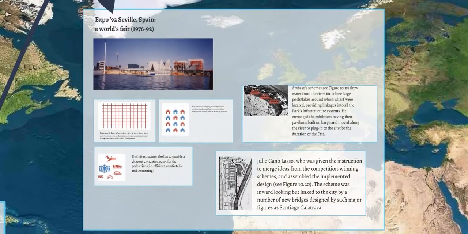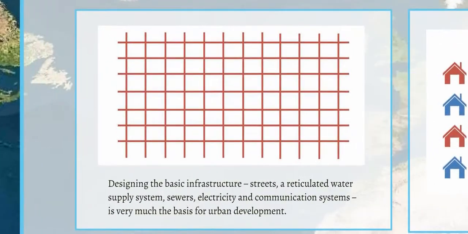Expo 92 Seville in Spain, a World's Fair. Designing the basic infrastructure, streets, a reticulated water supply system, sewers, electricity and communication systems is very much the basis for urban development.